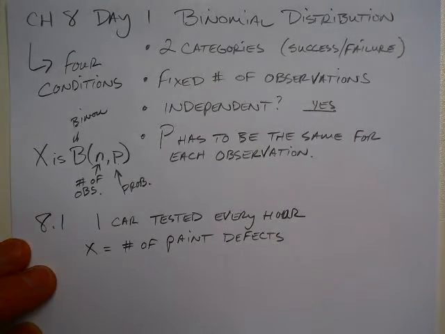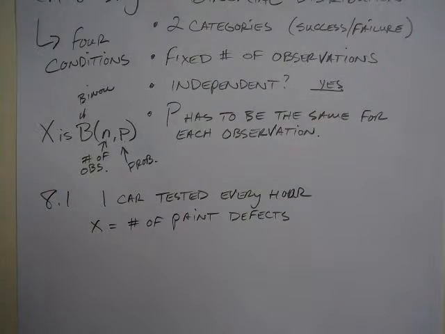And what we want to decide is, is this binomial? Let's see, two categories, success or failure. Fixed number of observations, independent, and the probability has to be the same for each observation.